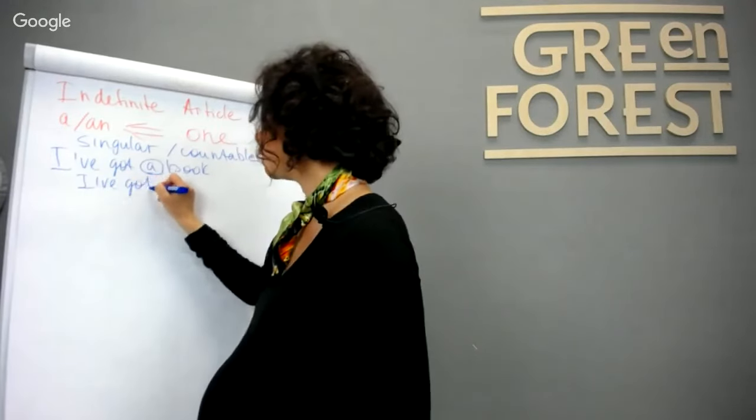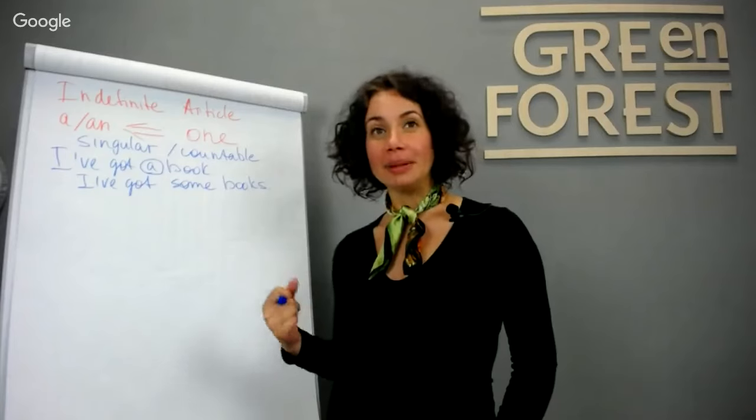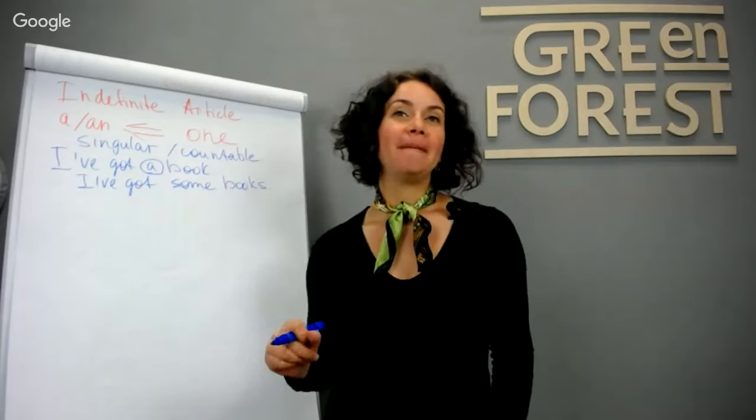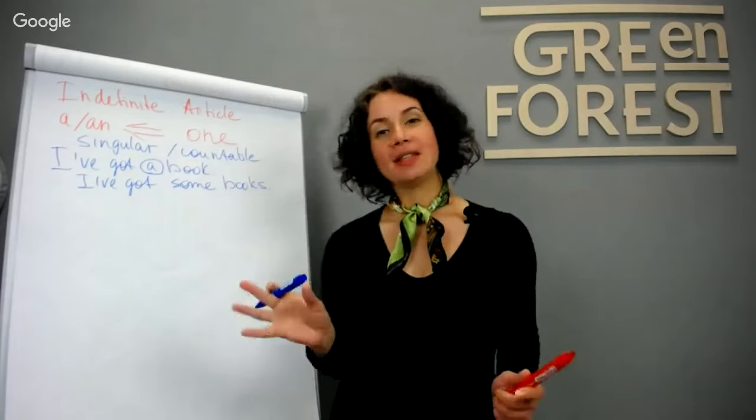The indefinite article, of course, we use when we want to say that we have one of something, or that we are one of, like I'm a teacher, so I'm one of many teachers. And this is the main idea of the indefinite article.